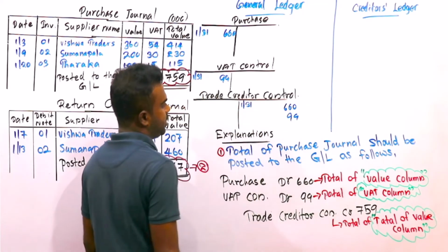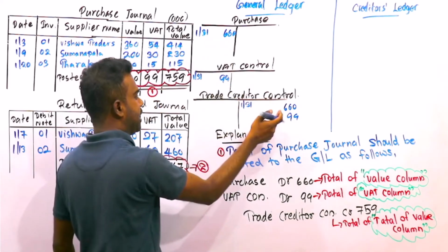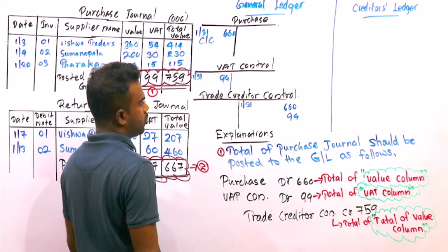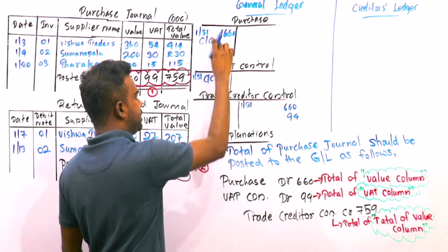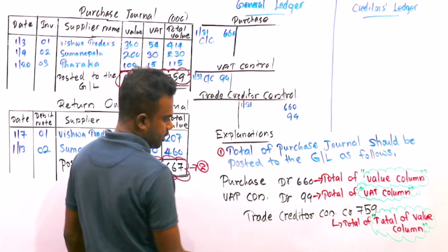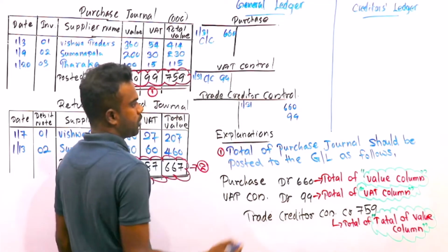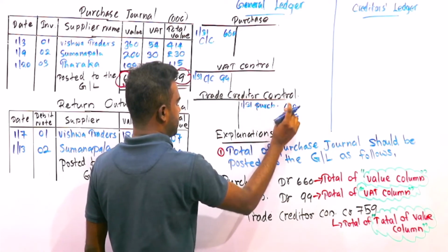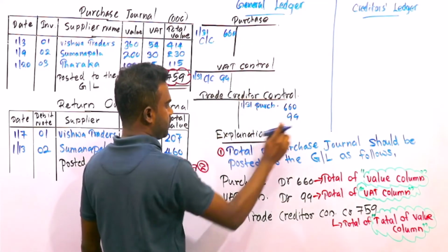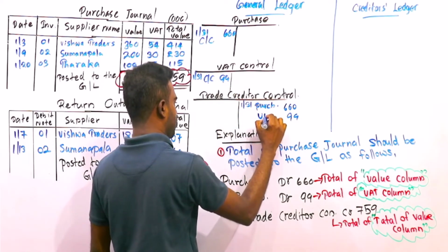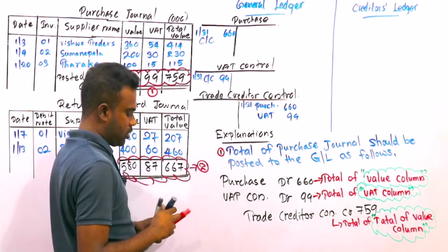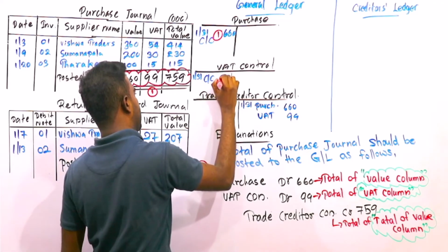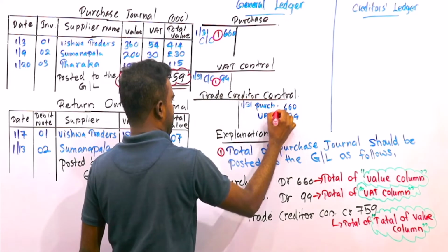Then write down the opposite account names. Here write the credit entry account, creditor control, CC means creditor control, and here also creditor control. This is my debit entry, opposite account credit control, then here purchase. This 660 is debited to the purchase account, 99 debited to the VAT control. And please write down references. This is red color number 1, and here also number 1, here also number 1.